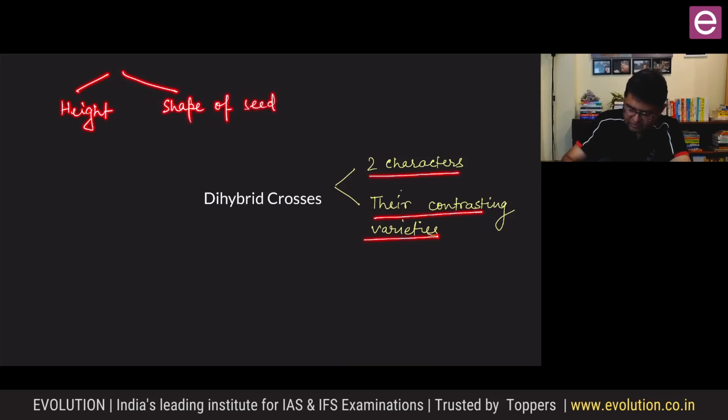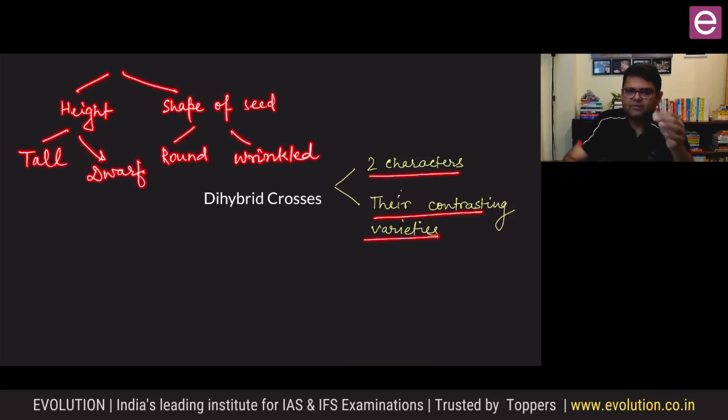Here the contrasting traits will be round and wrinkled, and here it is tall and dwarf. Now that we are familiar with what is dominant and what is recessive, we can say that tall is dominant, dwarf is recessive, round is dominant, wrinkled is recessive.